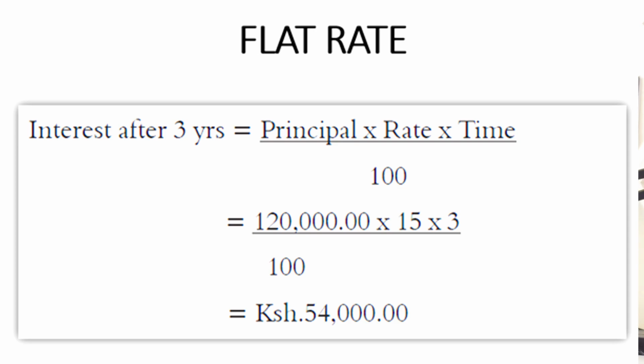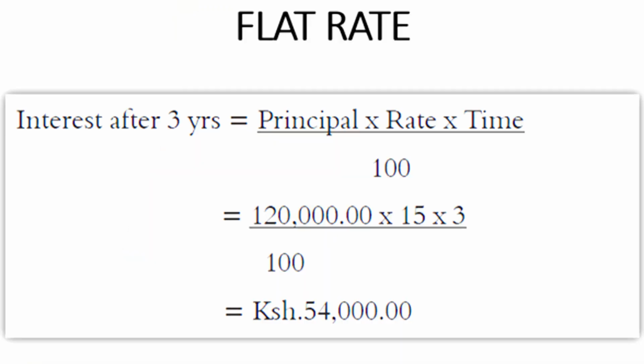In other words, in our example, the principal is 120,000 times rate, which is 15%, times time, which is 3 years. That gives us the interest payable as 54,000 shillings at the end of the 3 years.